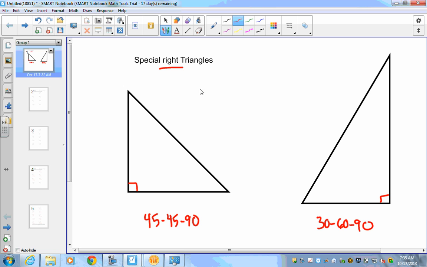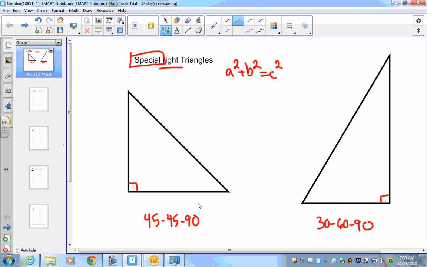The Pythagorean theorem is still in play here, but because these are special right triangles, there are a couple of relationships that you can work with outside of the Pythagorean theorem.